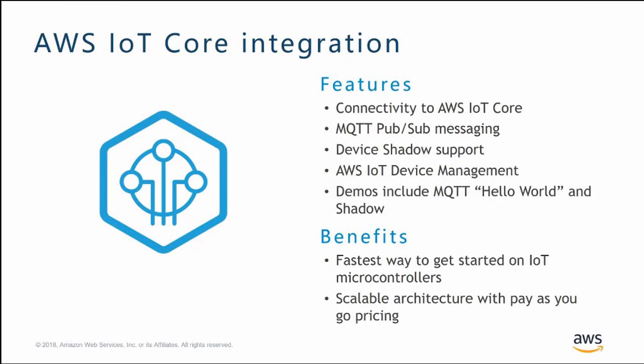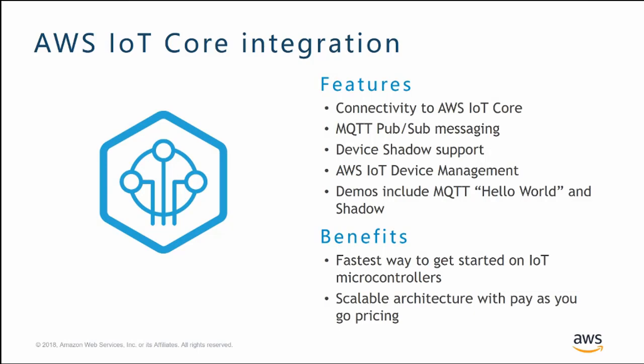For AWS IoT Core, again, we built in much of the functionality that service offers in the cloud. So you can get started with MQTT pub/sub-based messaging. We also support device shadows, which is a digital representation of your device in the cloud.